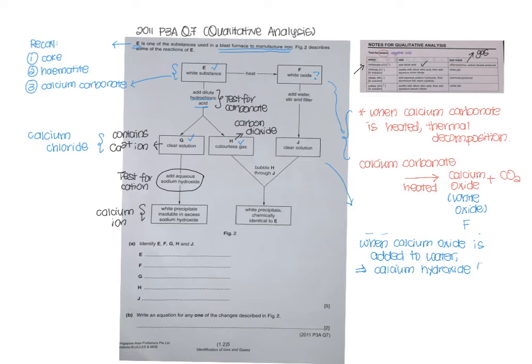So I know J is now calcium hydroxide. And isn't it, when you bubble carbon dioxide through lime water, it gives you calcium carbonate back again.